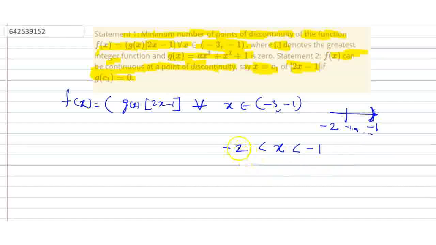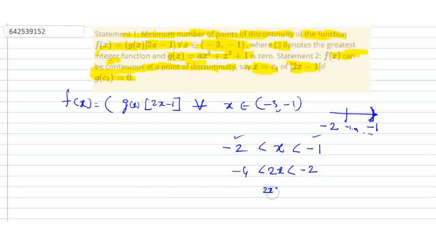Okay. Now, what is our function given for the greatest integer? We have to find the greatest integer values of 2x minus 1. So I'll multiply by 2. This will be minus 4, this will be minus 2.